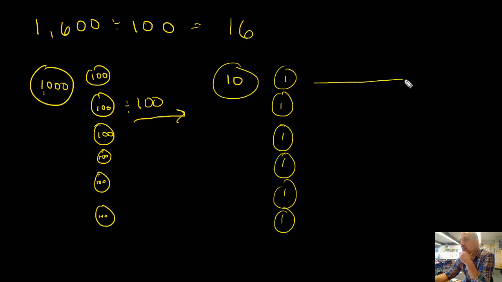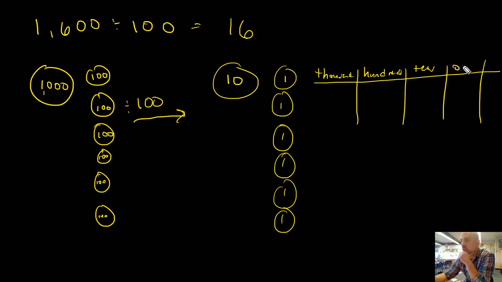And if I look at that the same way in my place values, I have my thousands, and I have my hundreds, and I have tens and ones. If I do this, 1,600, and now I'm dividing it by 100. So now in my place value, I'm moving it over by 2 different columns.